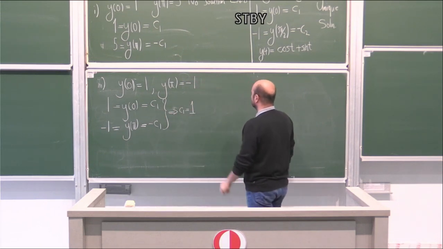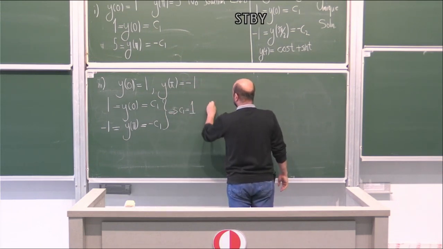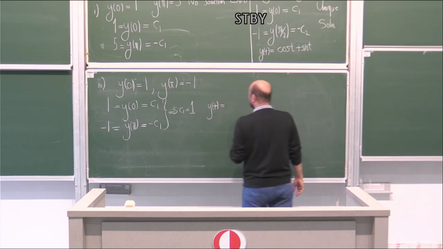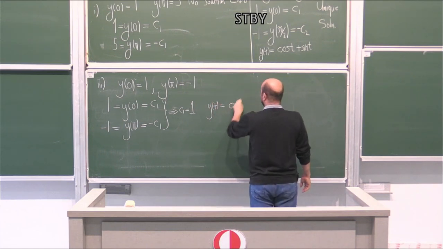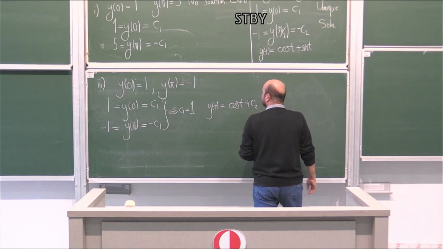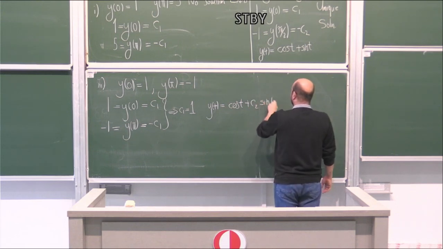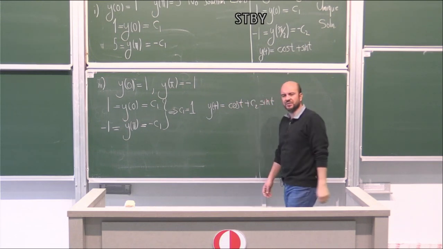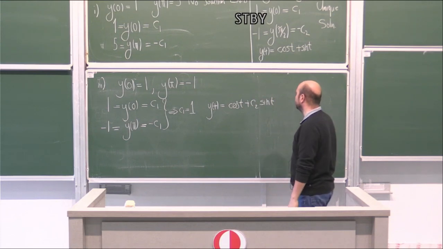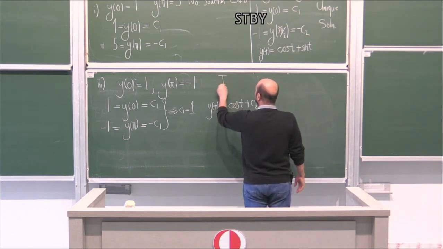So then what is the solution? The solution is cosine t plus C2 sine t. So for any C2, it is satisfied. As a result, we see that there are infinitely many solutions.